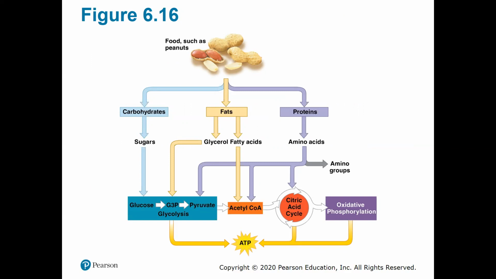If you'll notice here, carbs, fats, and proteins can all be used in glycolysis. This is why I mentioned earlier that you may see different amounts of ATP produced. That's because it depends on the kind of organic molecule being used.